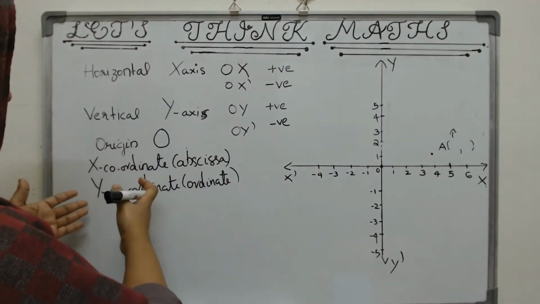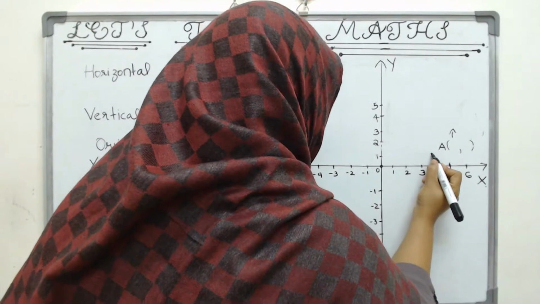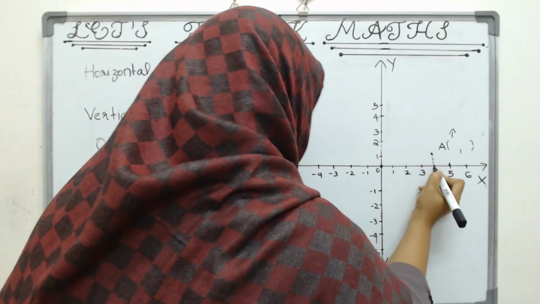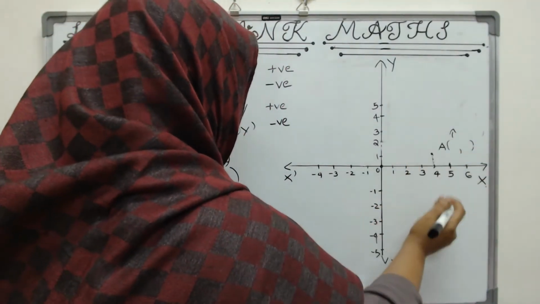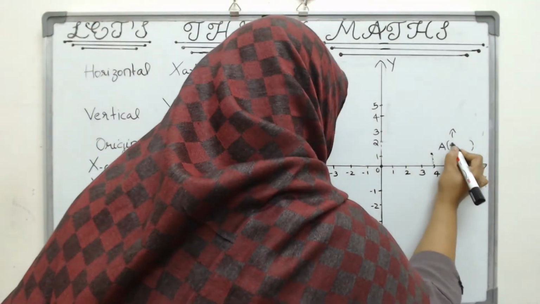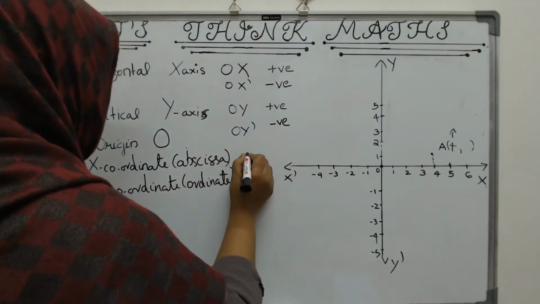What is the x-coordinate or the abscissa? Now, if you draw a line from A, a straight line from A, where does it meet the x-axis? That is the x-coordinate. So, draw a line straight. Where does it meet the x-axis? It meets it at 4. Right? So, the x-coordinate or the abscissa of A is 4.